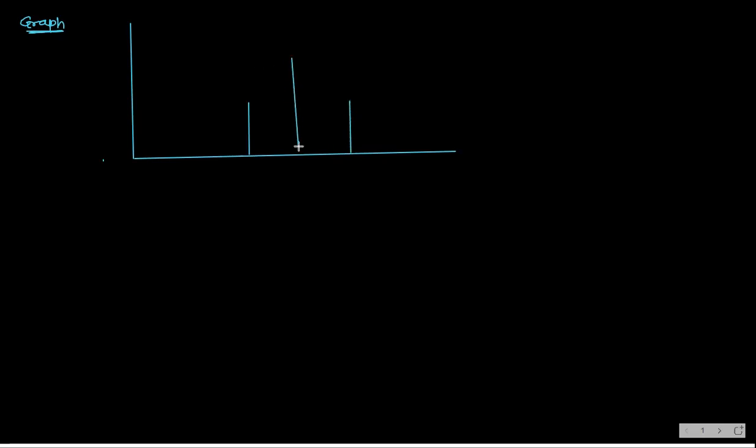Now let's move ahead. See here, I'm drawing one graph. Here you will get lower sideband frequency, upper sideband frequency, and all.